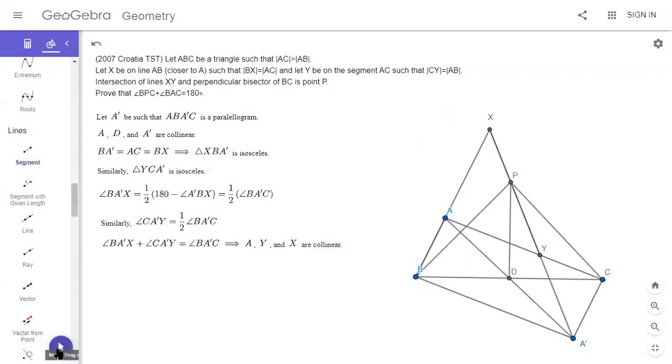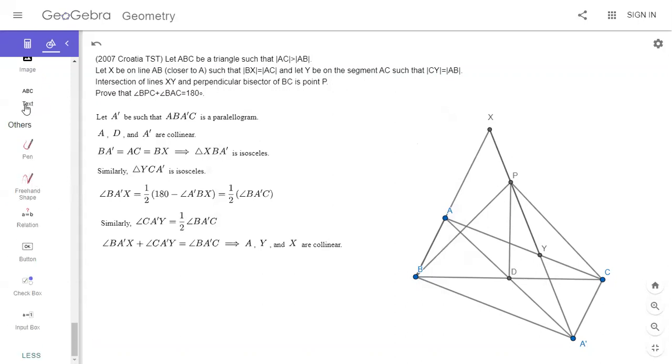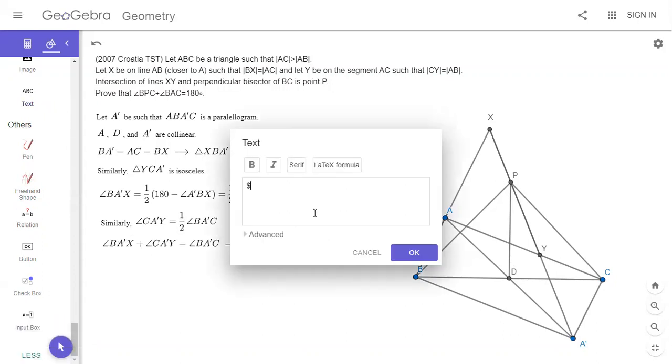And then once we know that, P is both the intersection of the angle bisector from A prime with the perpendicular bisector of BC. So that means P has to be the midpoint of arc BC of the circumcircle.